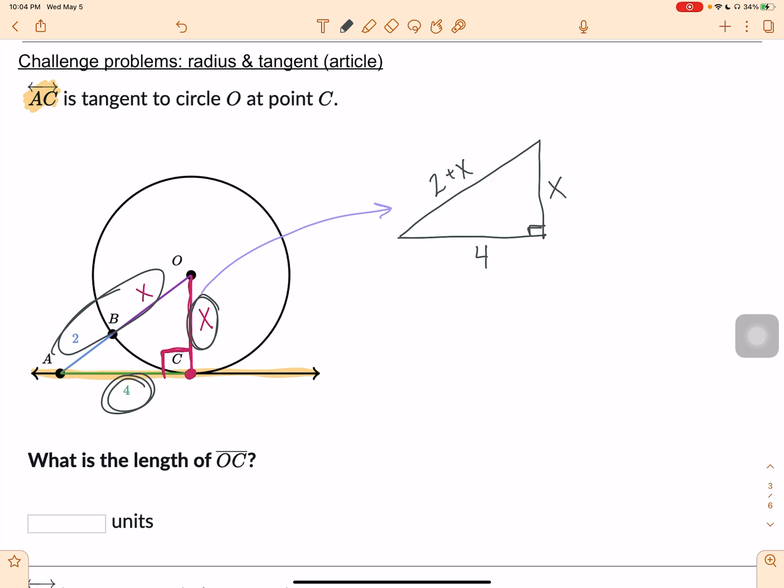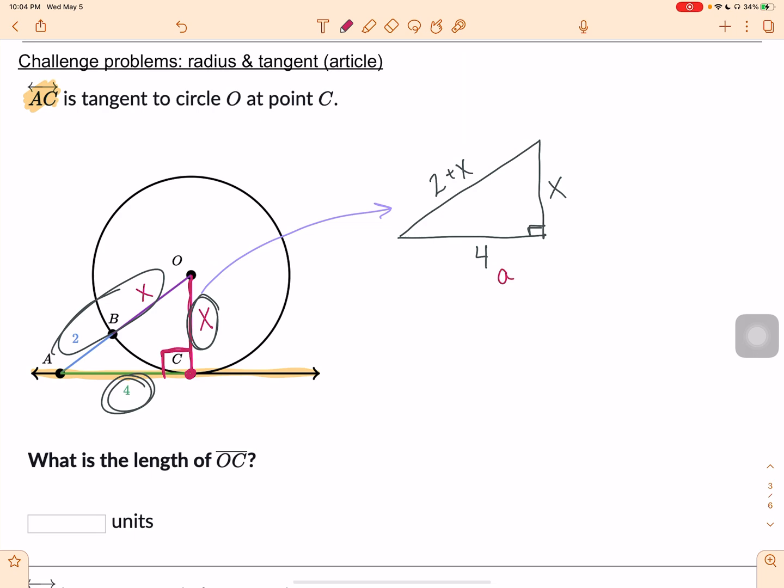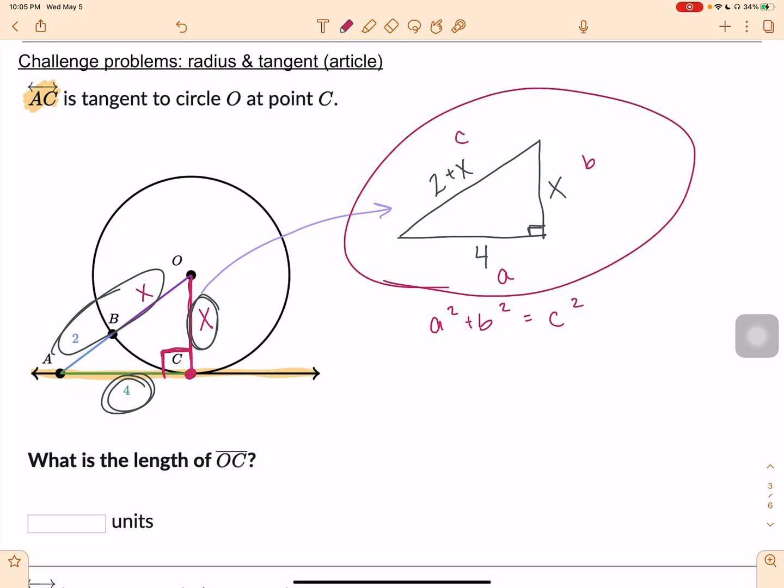Okay? So here, and this is a challenge problem. That's why it was called challenge problems, right? So here, we'll label the legs as a and b and the hypotenuse as c. The Pythagorean theorem is a squared plus b squared equals c squared. So we can substitute in what we know about this right triangle to solve for x.